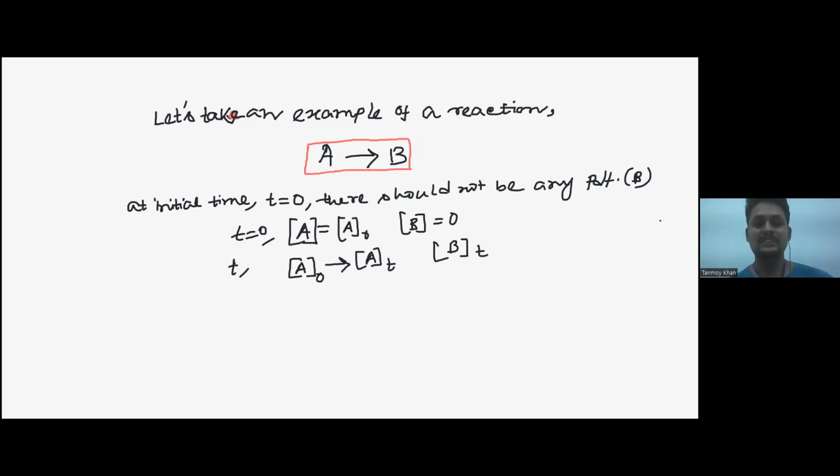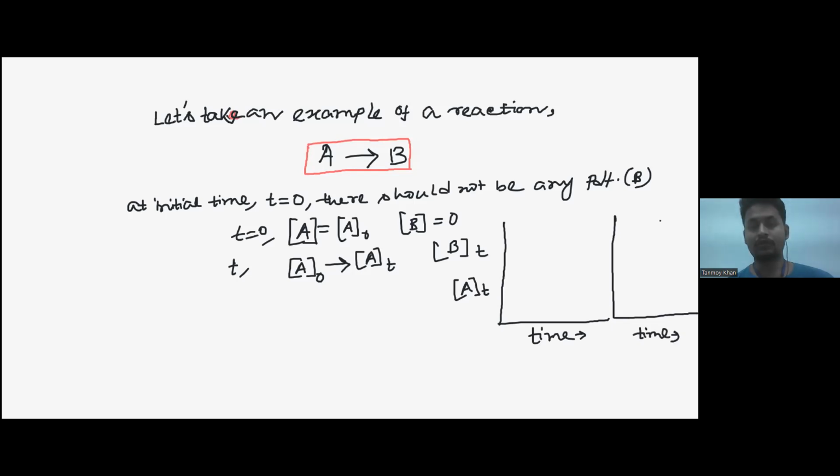In a very generic sense, what will be the plot of the concentration of A with time, and the concentration of B with time? That means nothing but the reactant and product. At 0 time, the reactant has the highest concentration, that is the initial concentration, which we define as A naught.